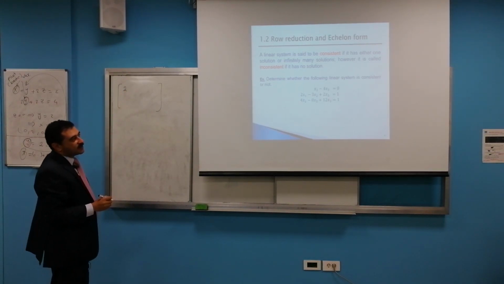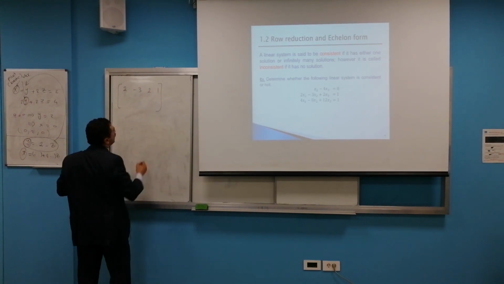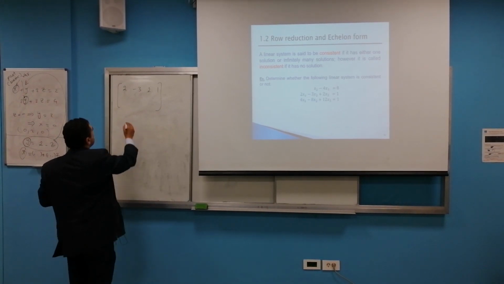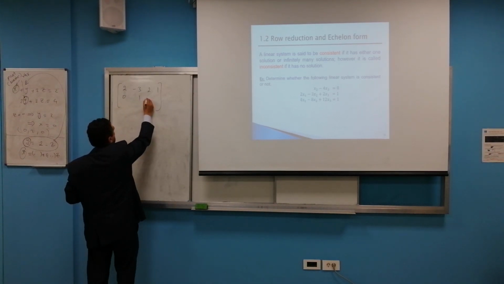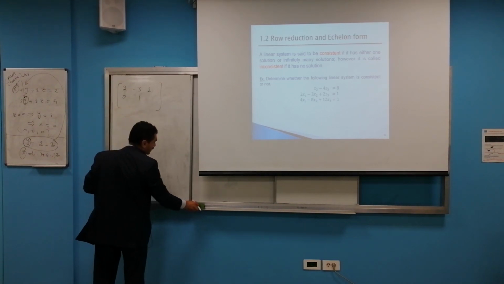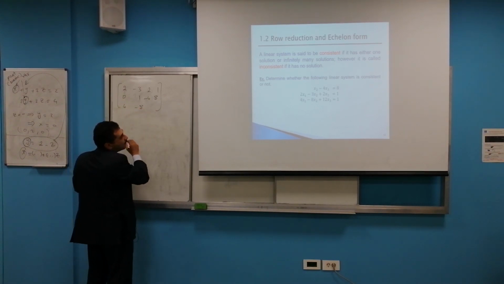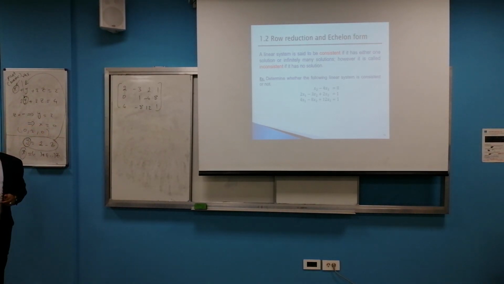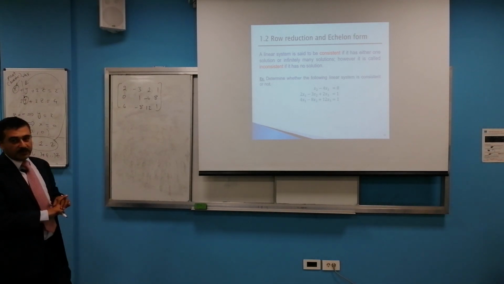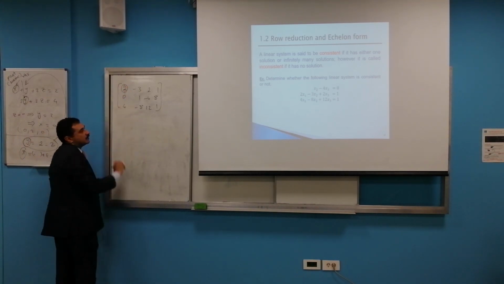Write the second equation first: -3, 2, 1, 0, 1. So I can start with this augmented matrix. All I did was interchange the first with the second to find a pivot for x1.